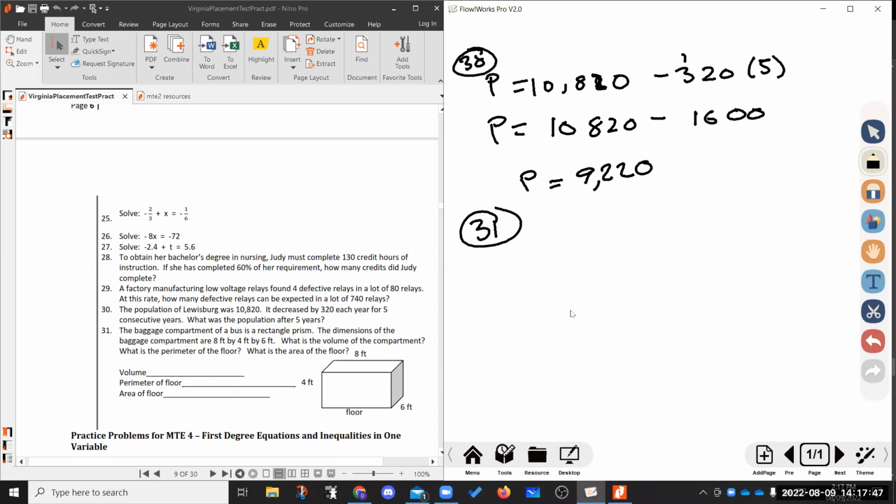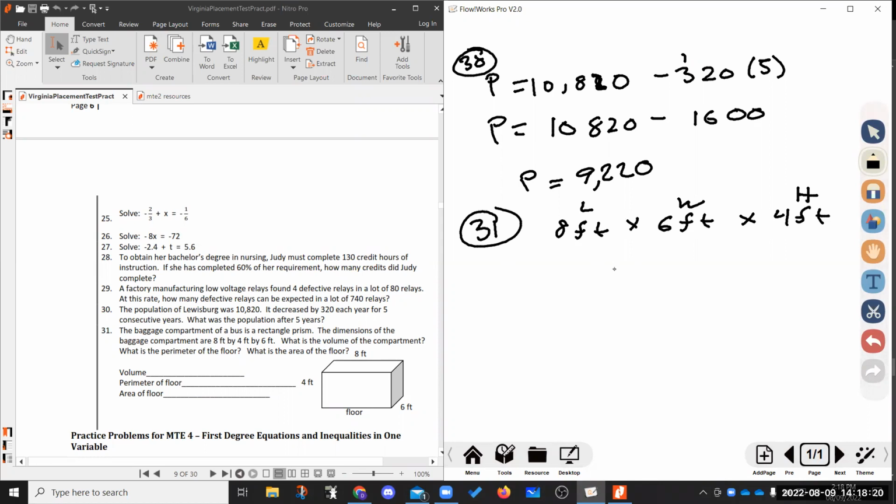Problem number 31 asks us to find the volume of this rectangular prism. It looks like it's 8 feet long, 6 feet wide, 4 feet tall, right? So this is 8 feet long by 6 feet wide by 4 feet tall.